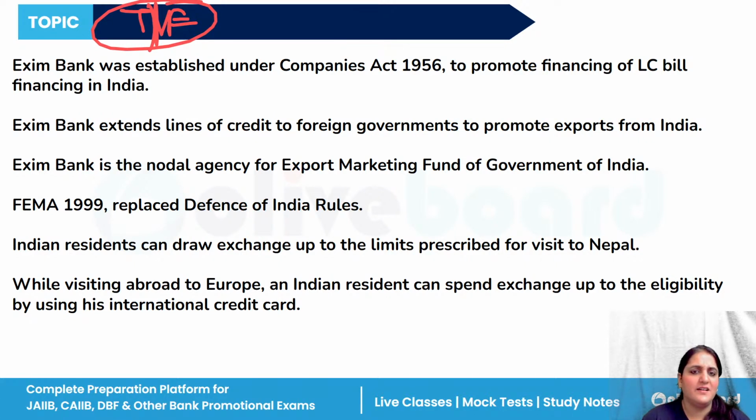According to me, this is false because Exim Bank was established under the Export-Import Bank of India's Act in 1981, not the Companies Act, and it focuses on providing financial assistance for export and import activities.